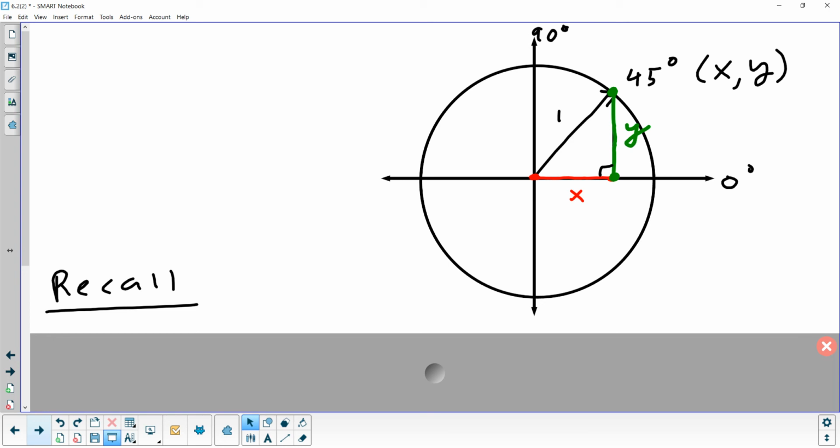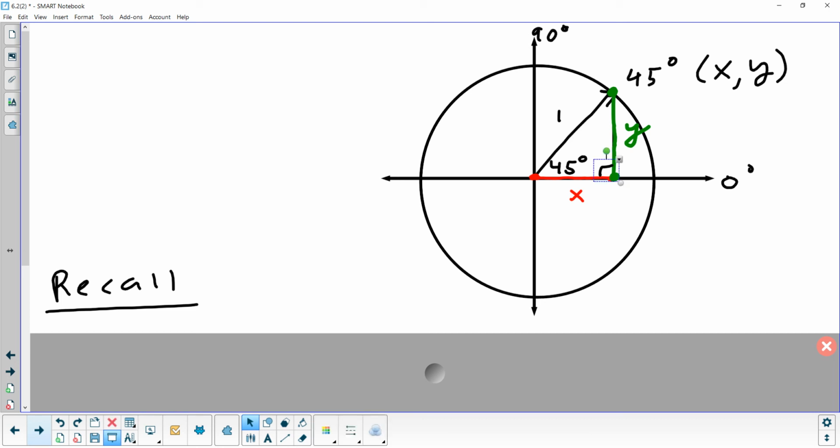Yep. Isosceles? It is. This is isosceles. It's isosceles because let's think about these angles. That angle is a 45. How do I know that? Because I have to tilt the hypotenuse at a 45-degree angle to hit the 45-degree mark on the circle. What do all the angles in a triangle have to add up to? Yeah. 180.